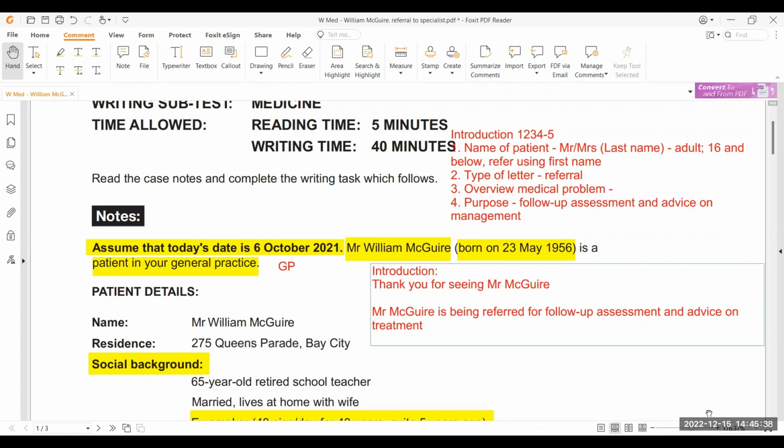Let's think about the linking word to link the problem with this statement. What could be a good linking word there, doctor? If you're linking a situation or, let's say, a diagnosis, what's a good linking word? For? Let's try that. Mr. McGuire is being referred for follow-up assessment and advice on treatment for. Because you already used for there, it might look repetitive.